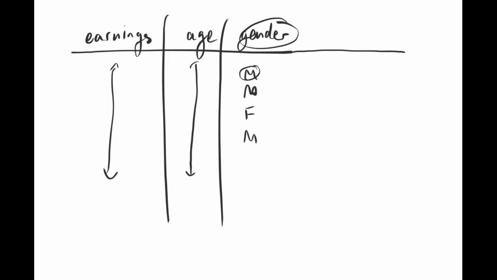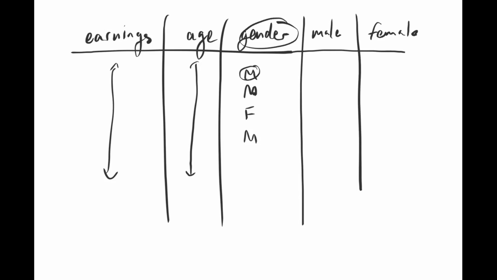The best way to think about what's happening behind the scenes, even though you don't see it, is that you have something like this. You end up getting 2 extra columns that will look like this, and then you are essentially running a regression against all but one of the gender variables.